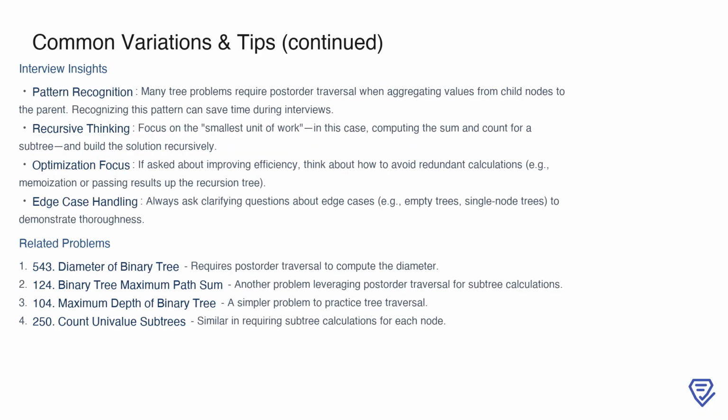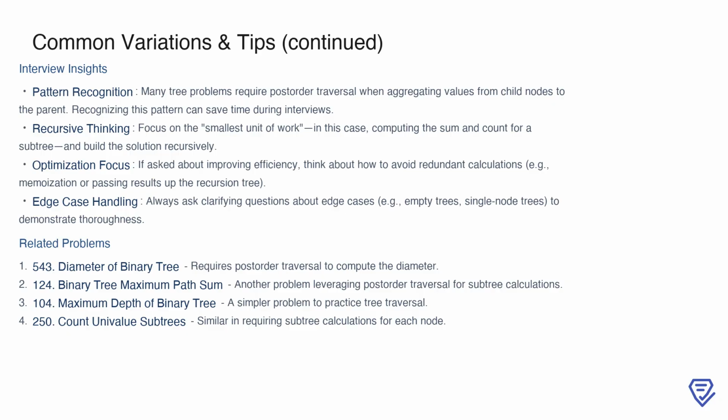To excel at solving this problem during interviews, there are a few key insights to keep in mind. First, recognize that many tree problems, including this one, rely on post-order traversal to aggregate values from child nodes up to the parent. Spotting this pattern early can save valuable time. Also, adopt a recursive mindset by focusing on the smallest unit of work, in this case, calculating the sum and count for a subtree, and building the solution incrementally.